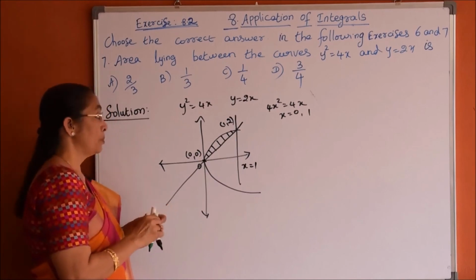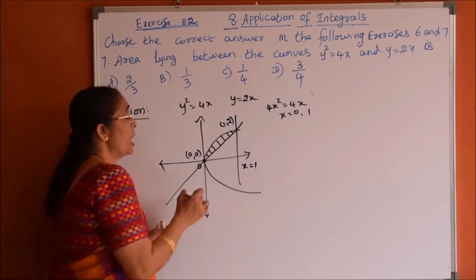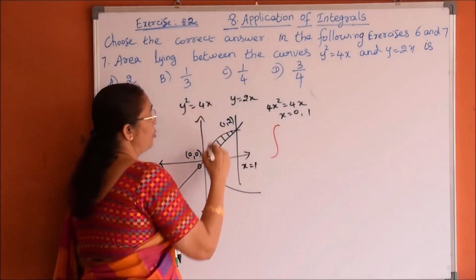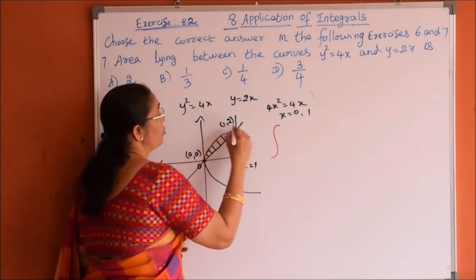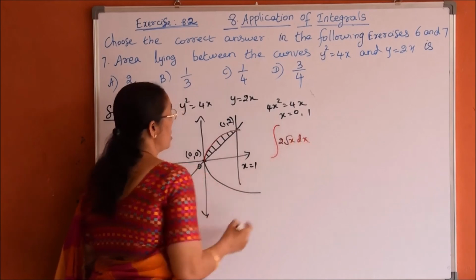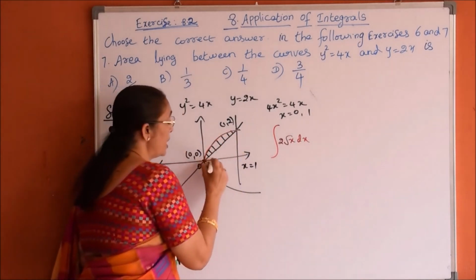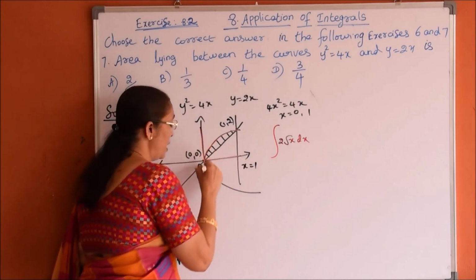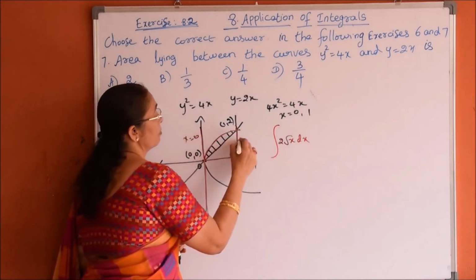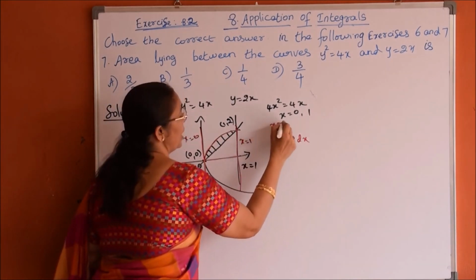So now our required area is the area covered by the curve y square equals 4x, or we can write y equals 2 root x, with the x axis between the lines x equals 0 and x equals 1.